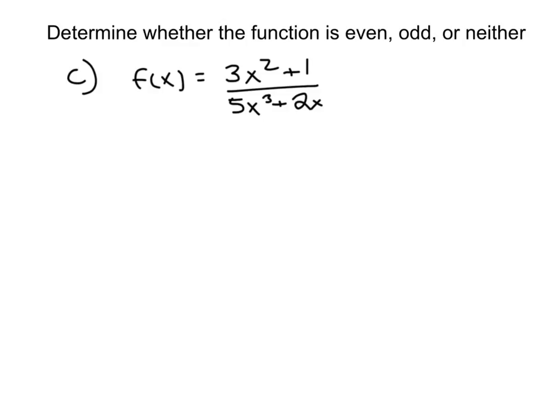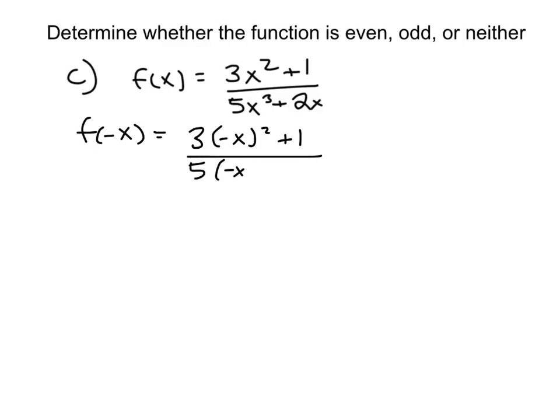Now this last example. We'll start off by plugging in negative x. So negative x squared plus 1 divided by 5 times negative x cubed plus 2 times negative x. Negative x squared is just x squared plus 1.